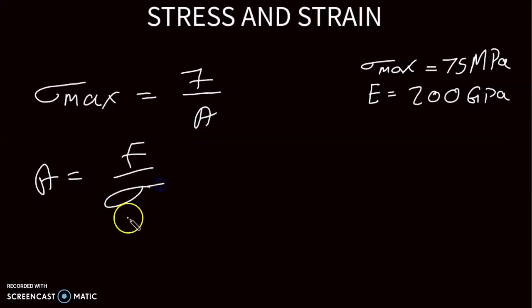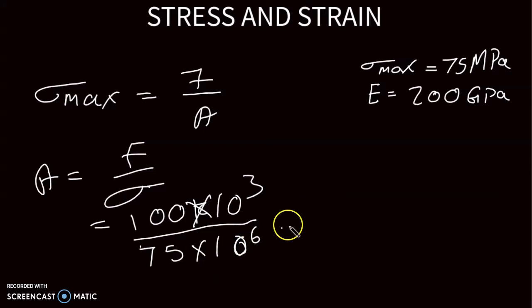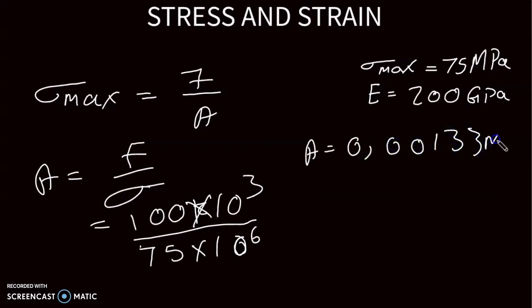And then we substitute 100 times 10 to the power 3 divided by 75 times 10 to the power 6. This will give us an area of 0.00133 meters squared.